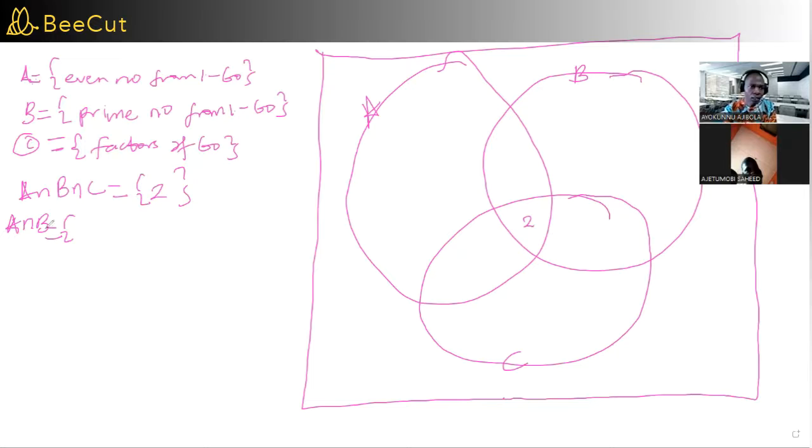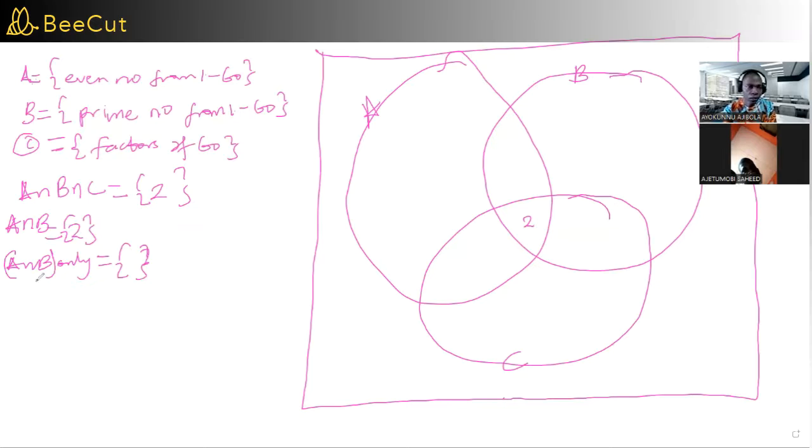So the only A intersection B is 2, which is already in the A intersection B intersection C. So if they ask us for A intersection B only, then that is an empty set because there will be nothing in that region.